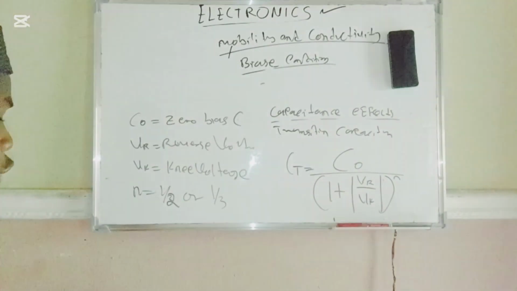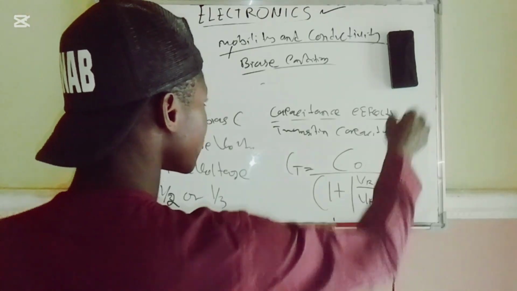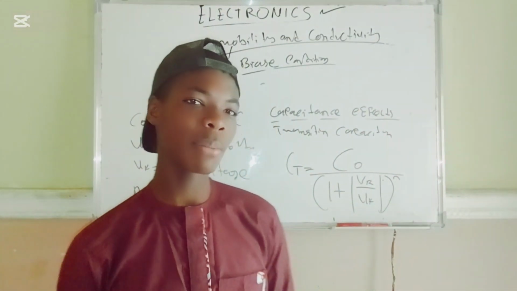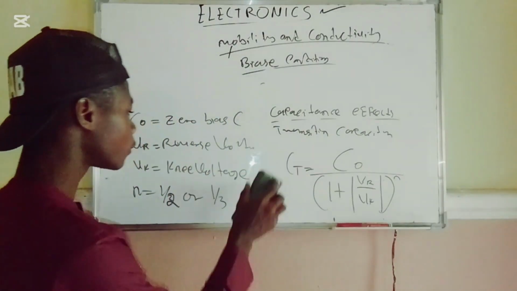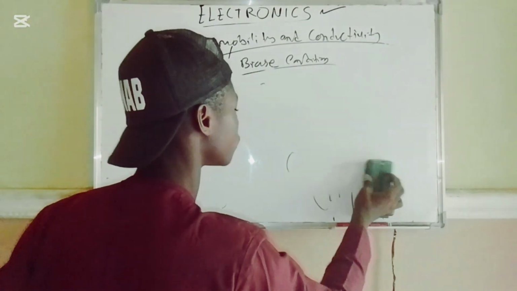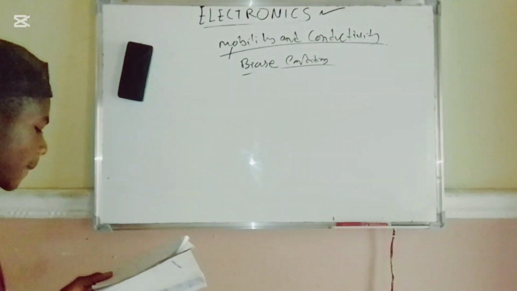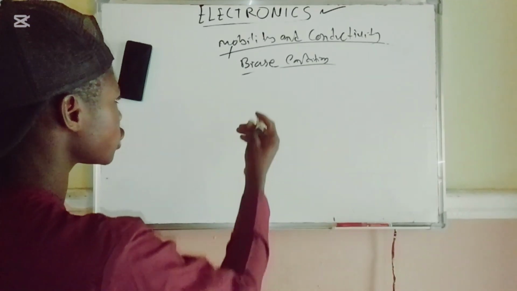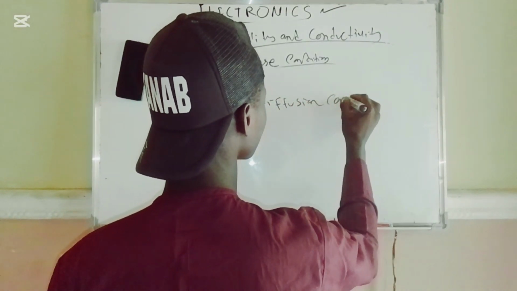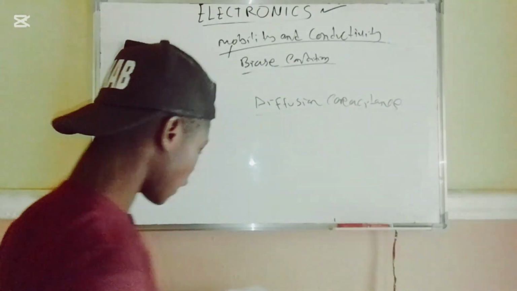The next thing I want you to know is the diffusion capacitance. The diffusion capacitance is whereby we have the minority carriers. You know that we have minority and majority carriers.